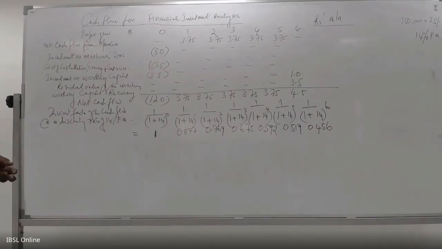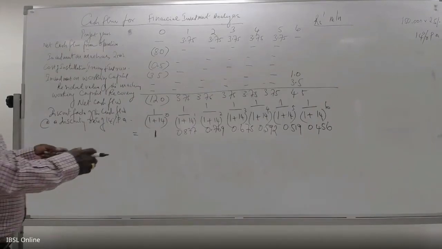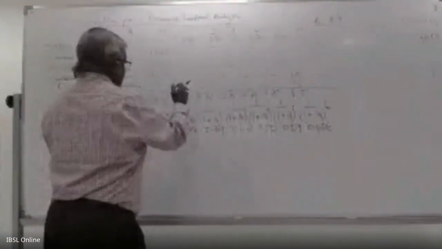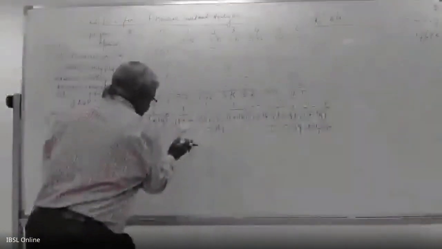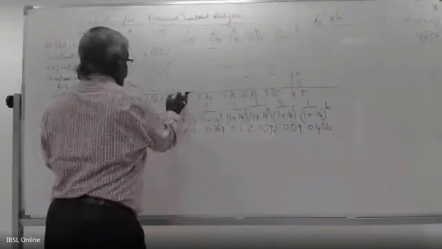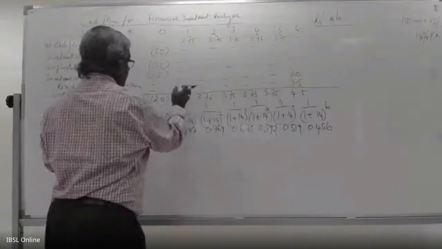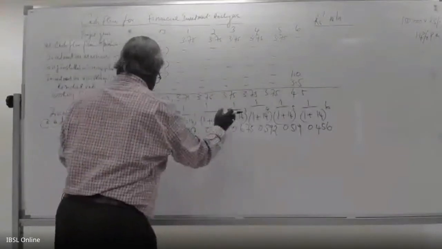So now we must convert these future values into present value. We must convert all these future values into present value by multiplying the future values by the discounting factor.